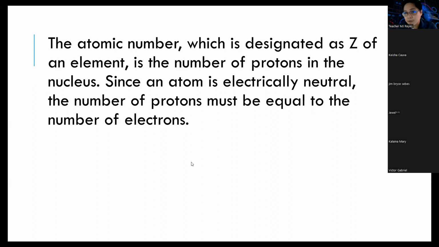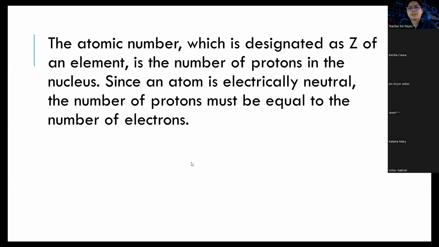That is, if it is neutral and stable, if it is not an isotope. An isotope is different, right? It's a different version of that particular element, and isotopes also give us an idea about radioactivity, how radioactive an element is.